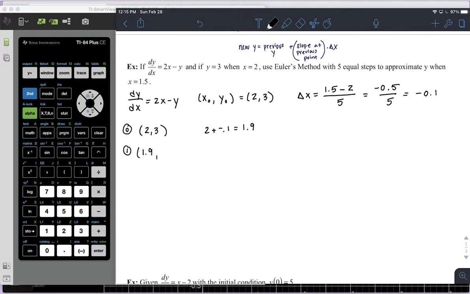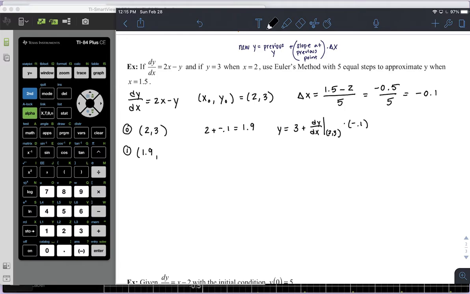To find my new y coordinate, I want my previous y coordinate, which is 3, plus my slope at the previous point, dy dx evaluated at the point 2, 3, times my delta x.